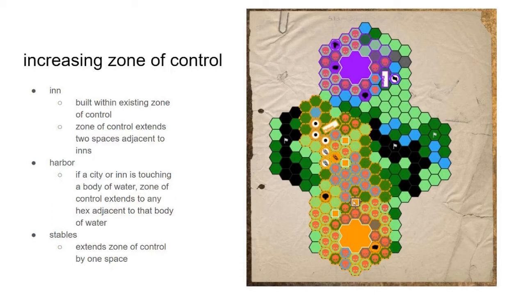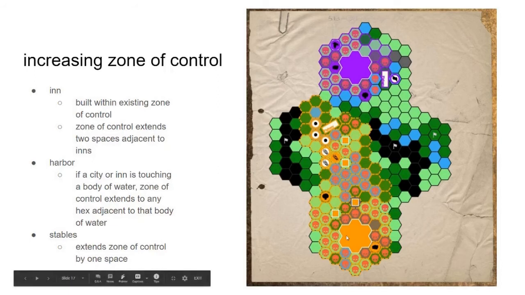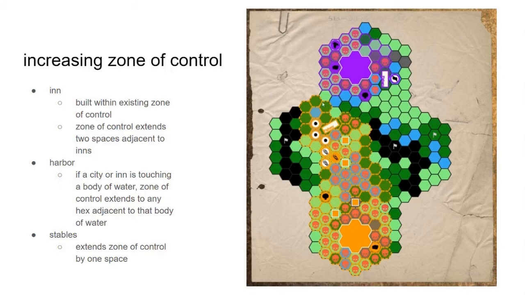So we have an inn touching this body of water, which means every single hex that's adjacent to that body of water is considered to be part of the zone of control, which is how we were able to build this inn over here. Otherwise, this space would not have been within the zone of control of just these two inns in this city, right? We needed to have the harbor so we could get up here. And that's how these spaces are included in the zone of control, because they're not within two spaces of an inn or a city. They are adjacent to a body of water that is adjacent to an inn. So it's another way you can increase your zone of control.